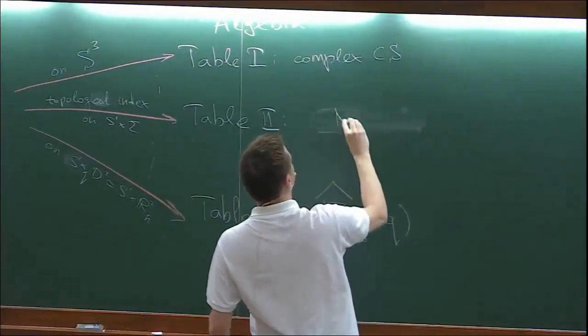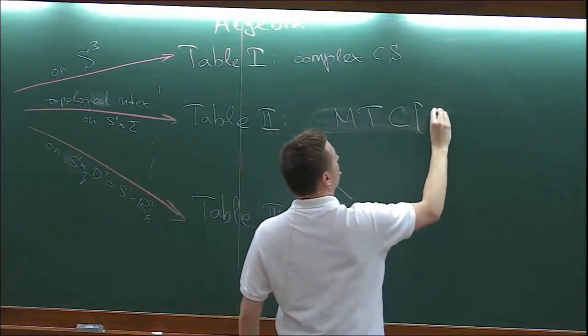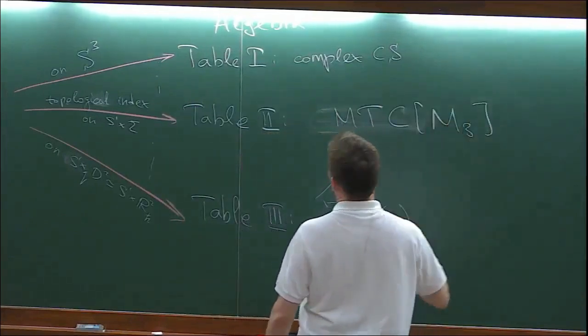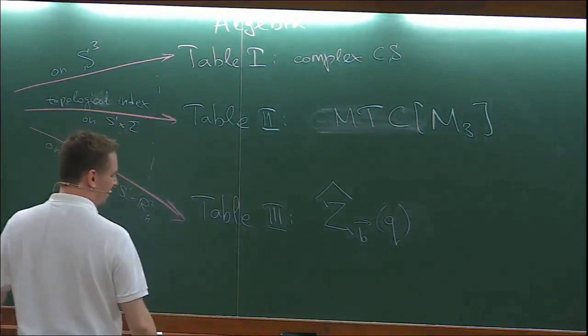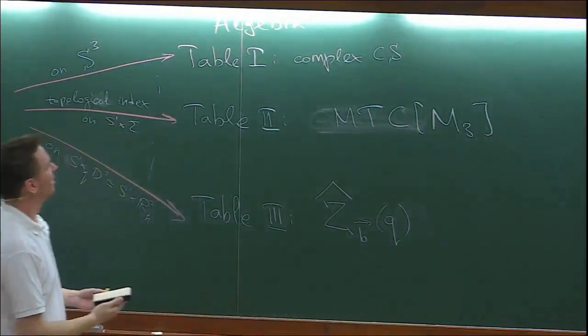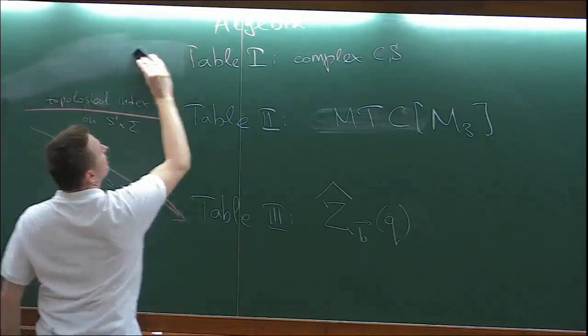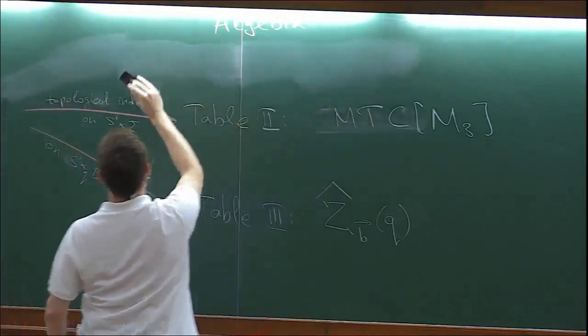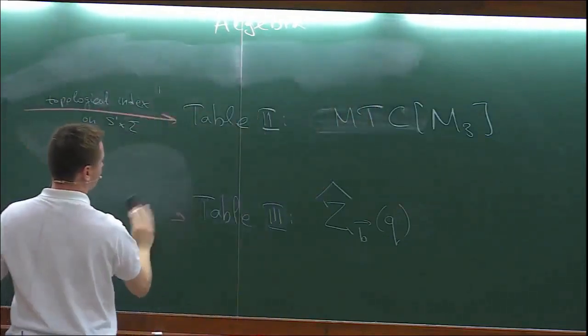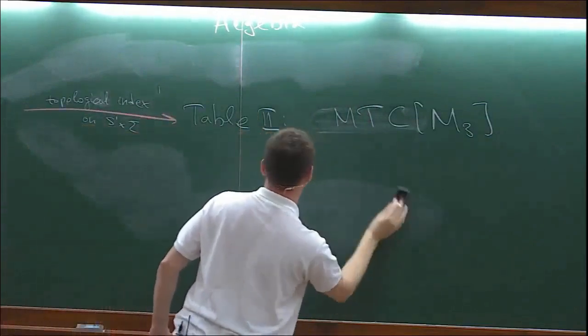So what I want to do now is focus on this particular line and erase everything else, and that's going to be our algebra in the context of three manifolds. In a second I'm going to generalize it, or tell you an analogous story, for four manifolds.